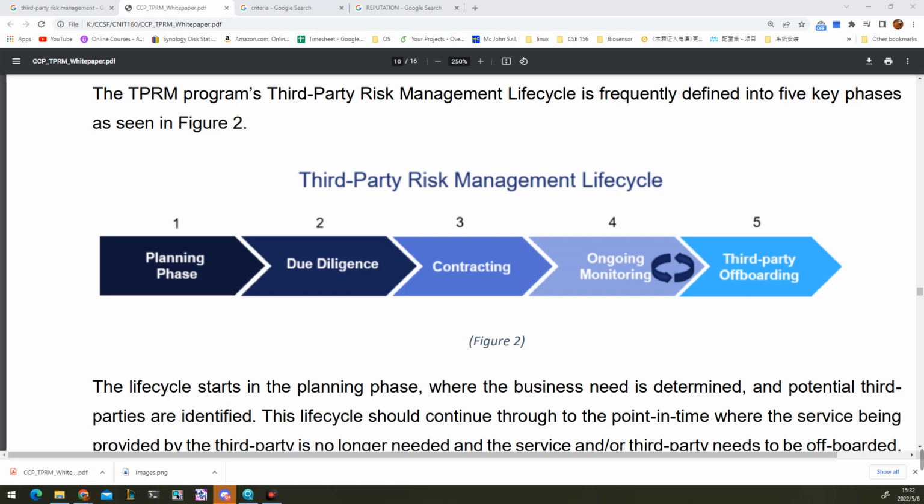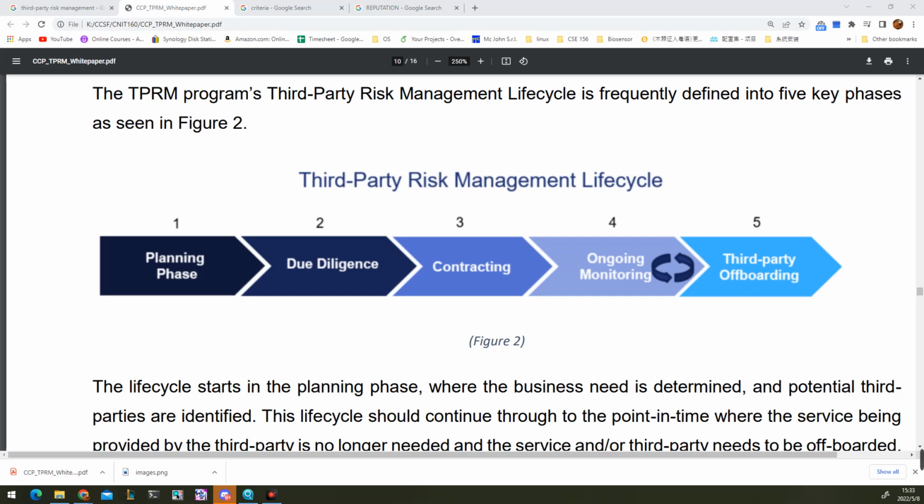If they fail, we should put them into the last item, third party offboarding. The third party offboarding happens when the lifecycle of a specified service or all of the services provided by the third party conclude. The third party should be assessed for any data retention obligation to meet business need or regulatory obligation.